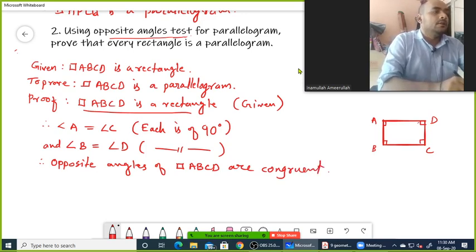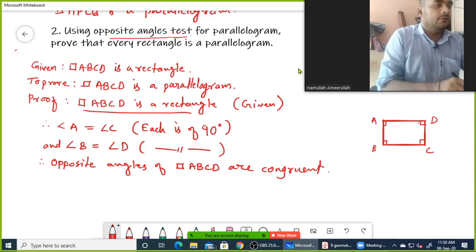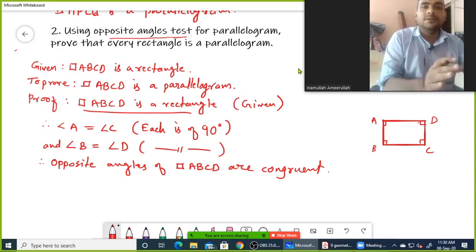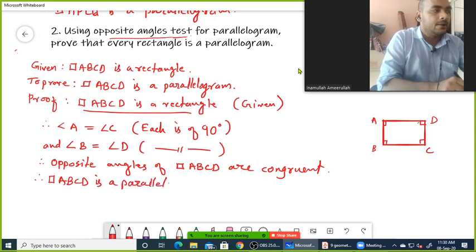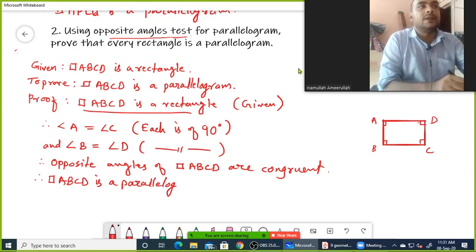On the basis of this, wherever opposite angles of any quadrilateral are congruent, then that quadrilateral is called a parallelogram. This is a theorem which we have already studied. So here we can say that therefore quadrilateral ABCD is a parallelogram. Why is it a parallelogram? Because its opposite angles are congruent.